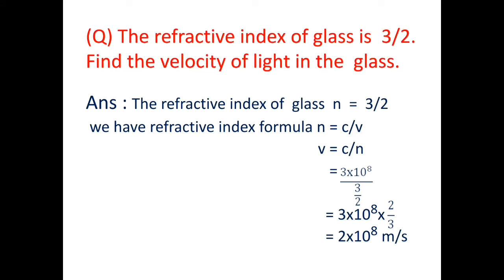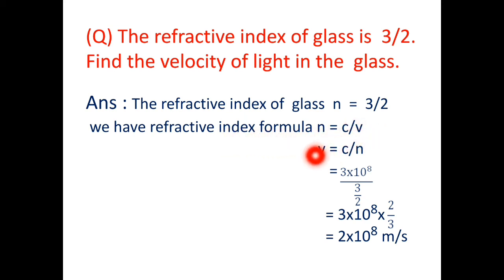The refractive index of glass is 3 by 2. Find the velocity of light in the glass. In this problem, refractive index n is given, n equal to 3 by 2. We have to find the velocity v. So the basic formula is refractive index n equal to c by v.